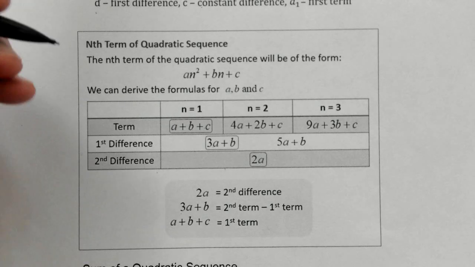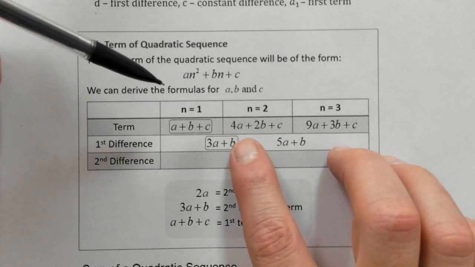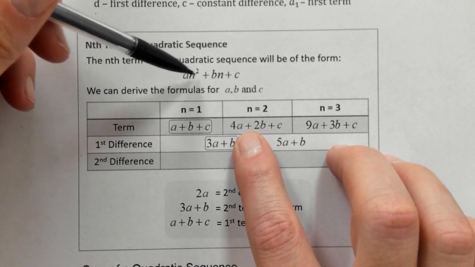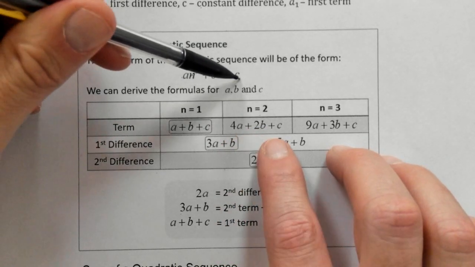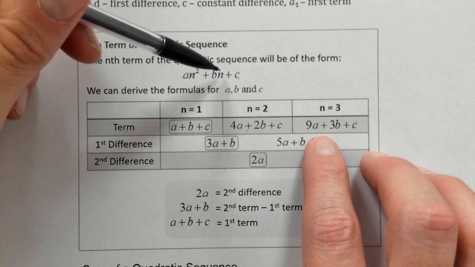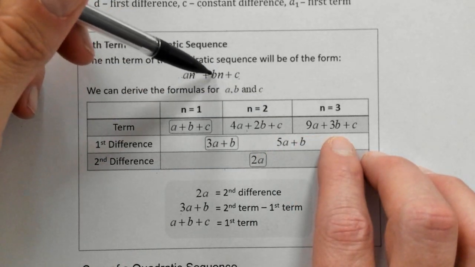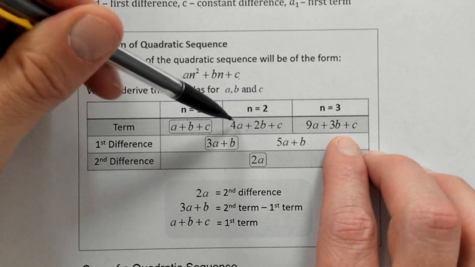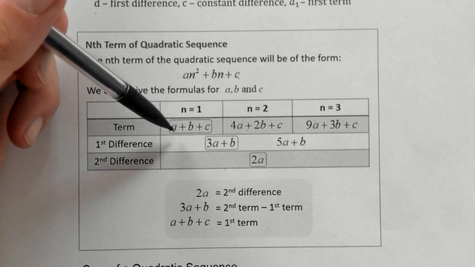The second term would be if you plugged in a 2: 2 squared is 4, so 4A plus 2B plus C. And then the third term would be 3 squared is 9A, 3 times B is 3B, plus C, and so on. So we're writing these terms in terms of the constants A, B, and C.